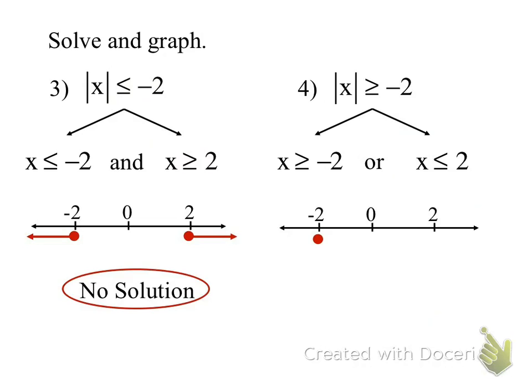x is greater than -2. Boom. x is less than 2. Boom. Now, a union means I'm having this private party at this very exclusive club. And at the club, I'm inviting two groups. I'm inviting the red group. No, let's go, how about the green group?